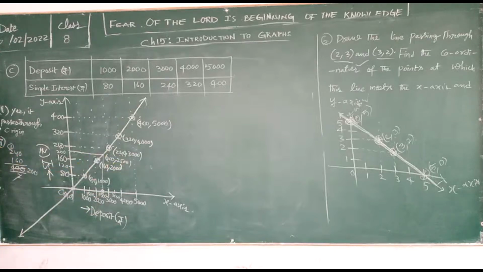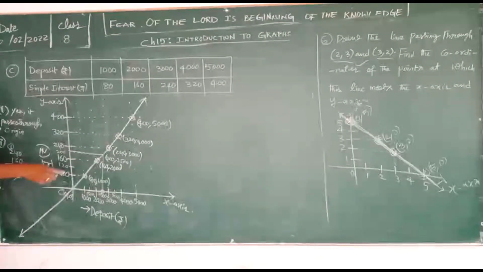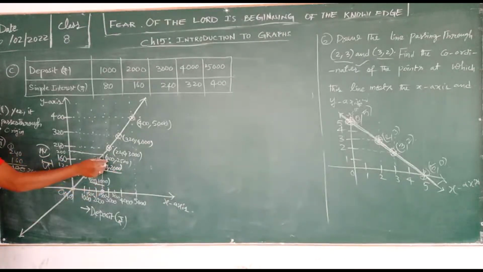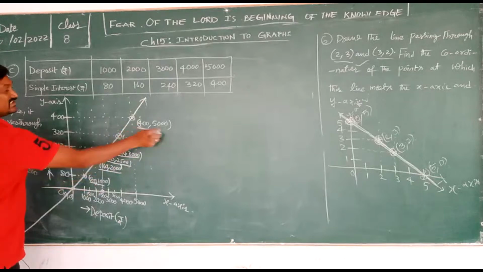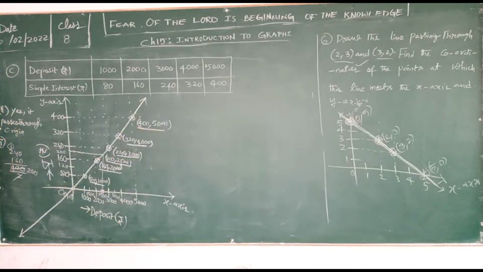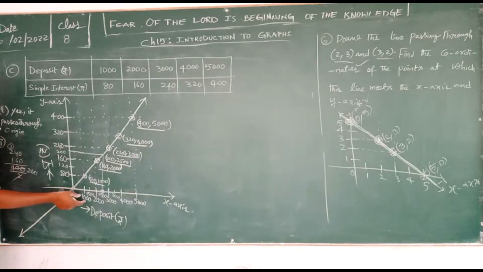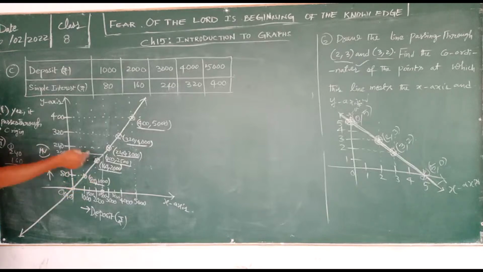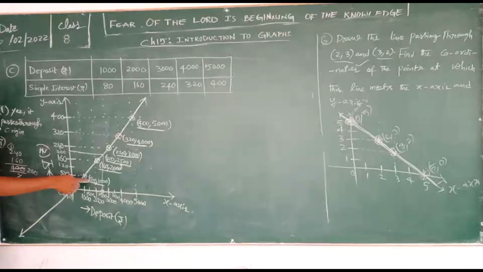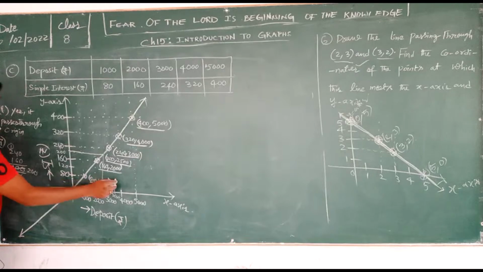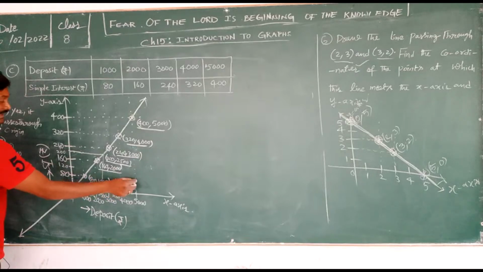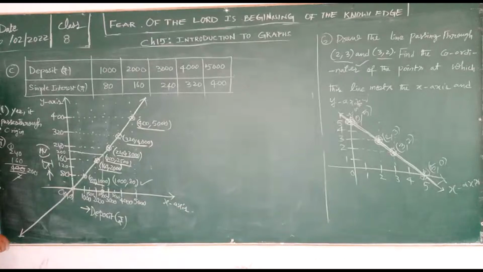Okay. And here, what is our mistake in these points? In this point, our mistake is that we always need to remember to write the x coordinate first and the y coordinate second. Remember that is our mistake here. So here you need to write 1000 comma 80, not 80 comma 1000. Then it is correct. I thought at least one student would identify it, nobody identified.